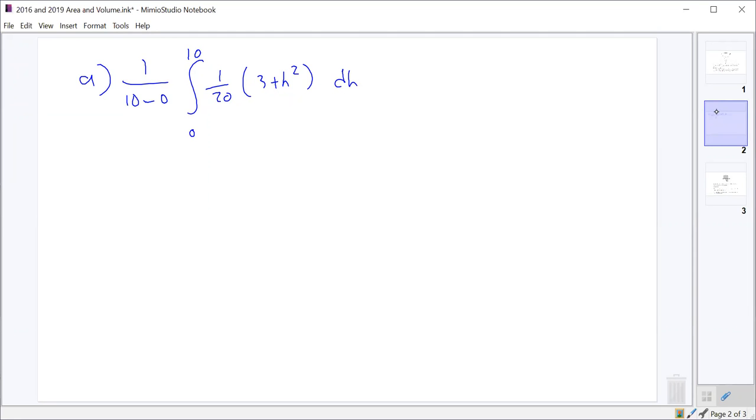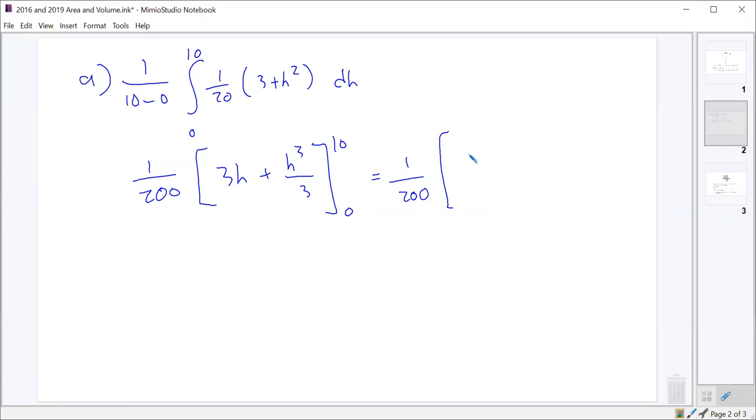Okay. And so we could, if we wanted to, pull the 1/20th out of here, and we'd end up with 1 over 200, and then we integrate 3h plus h cubed over 3 from 0 to 10, giving us 1/200 times 30 plus 1,000 thirds minus 0.